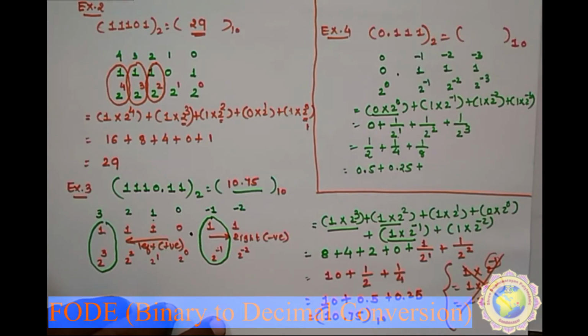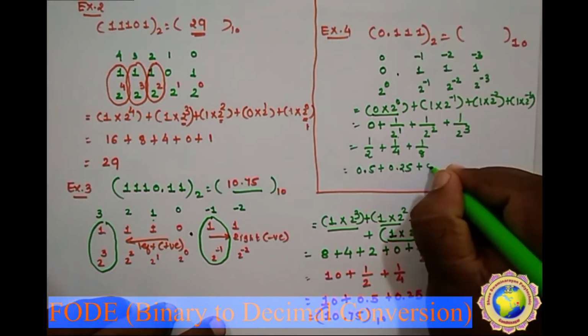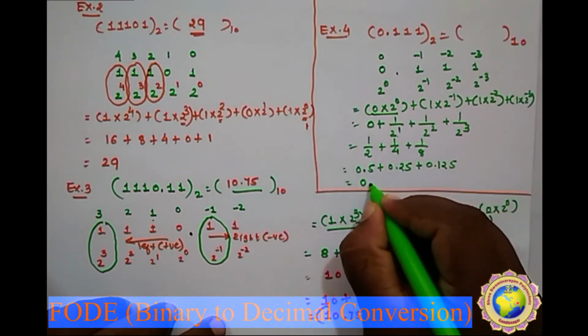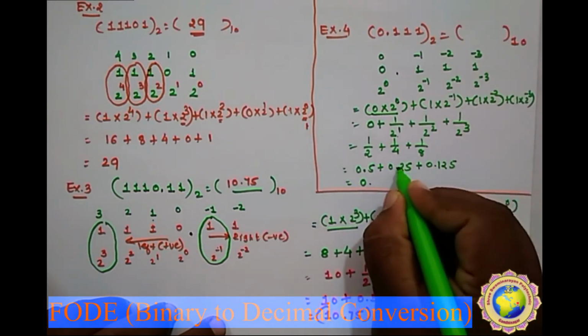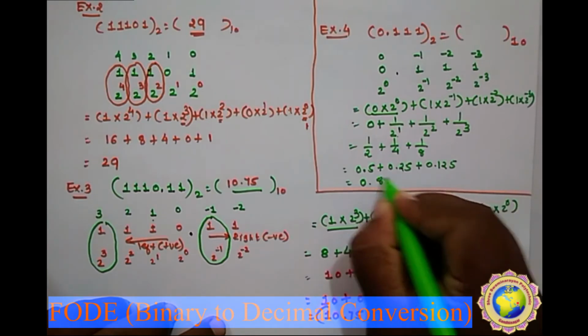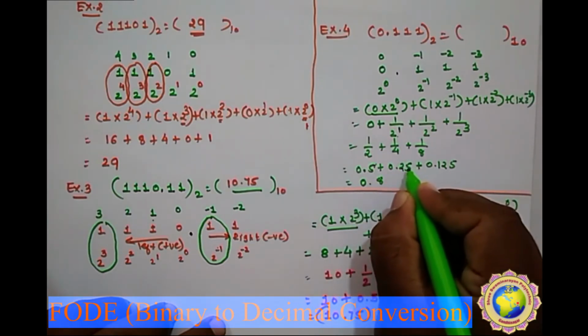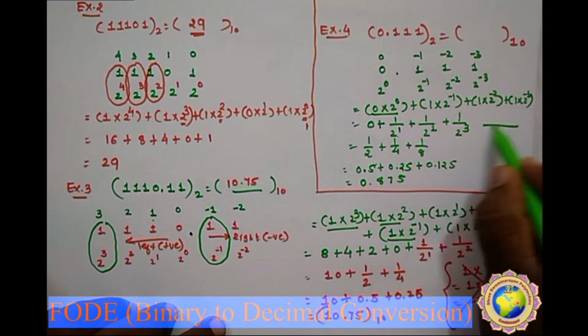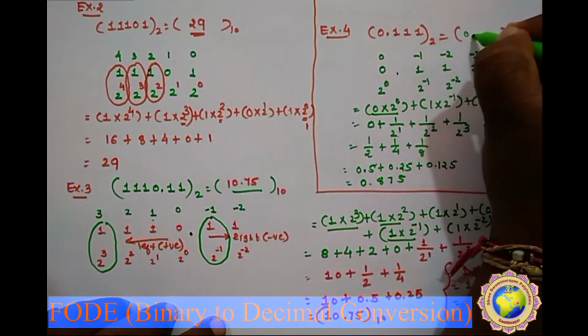Calculate by yourself. 1 by 8 is equal to 0.125. Okay, so 0.5 plus 0.25 plus 0.125. 5 plus 2 is 7, 7 plus 5 is 12, hmm, so for the addition its answer is 0.875.